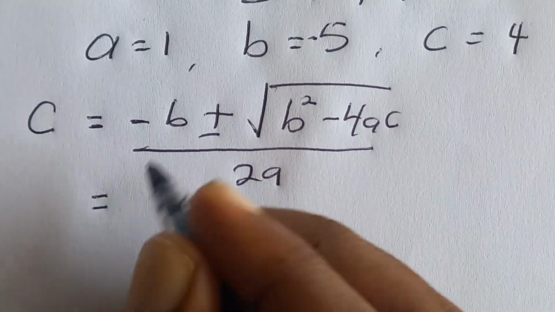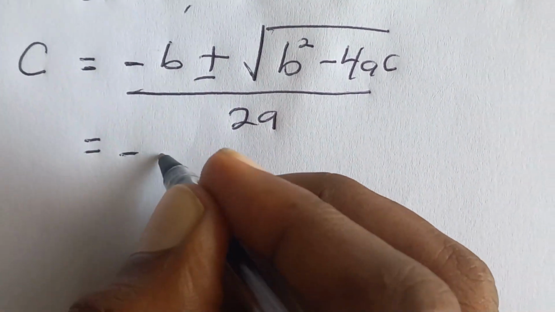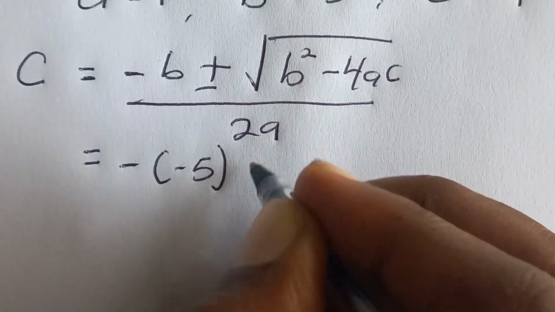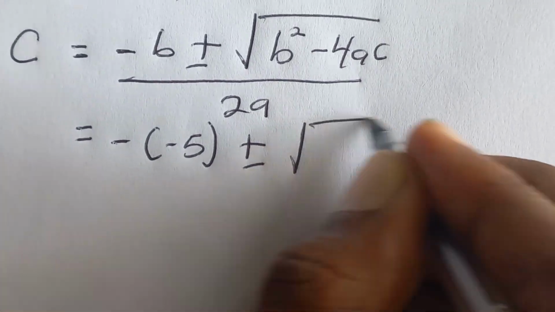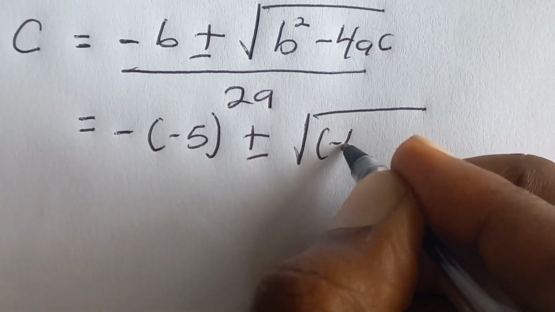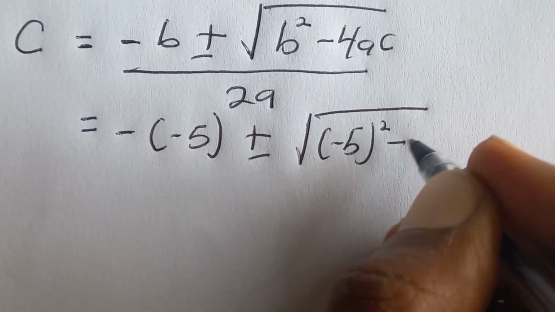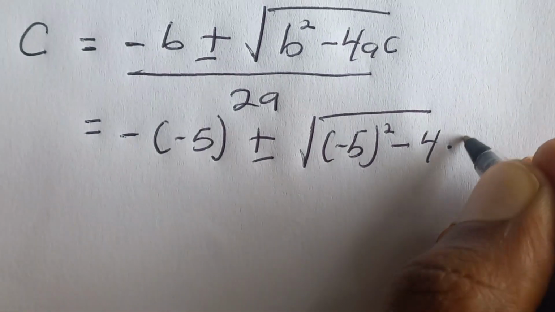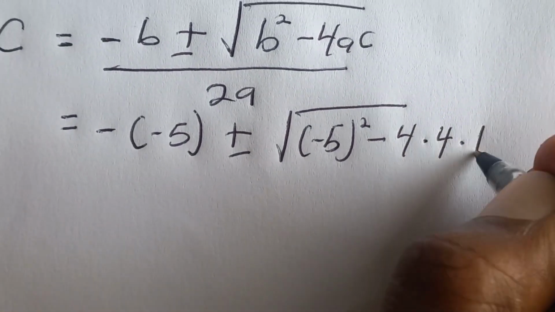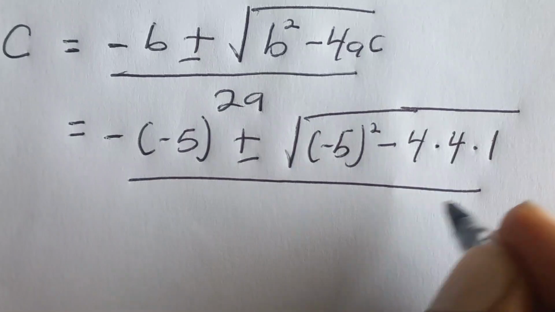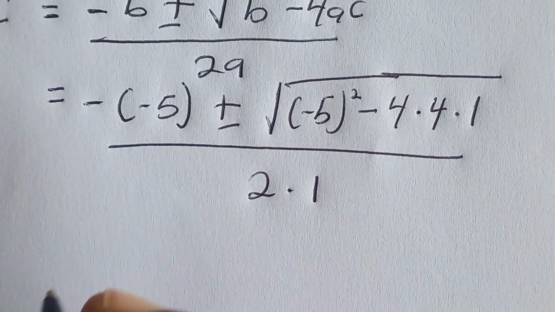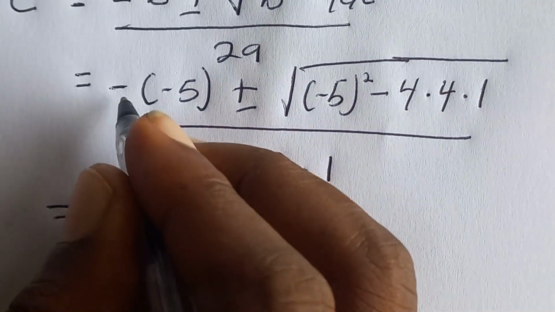So, which is equal to minus, in brackets, minus 5, plus or minus square root of minus 5 squared minus 4 multiplied by 4 times 1, all over 2 multiplied by 1.